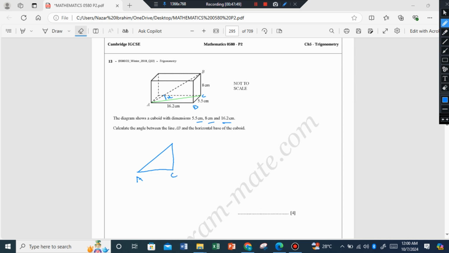A, C and B, and out of this I know CD is 8 centimeter, and AC or AB are two unknown values. Now to solve this, I will see this triangle which is in the base, that is ACD.